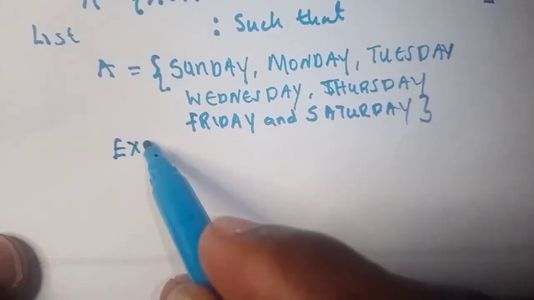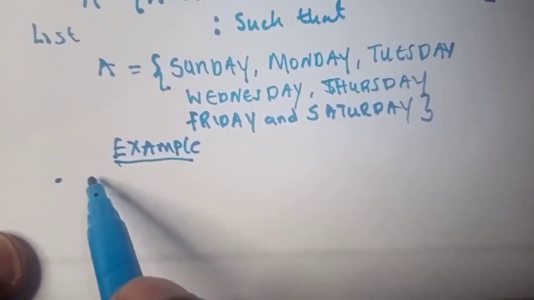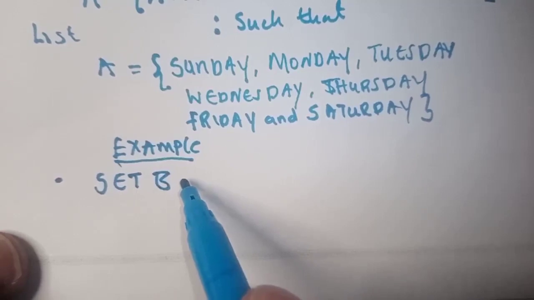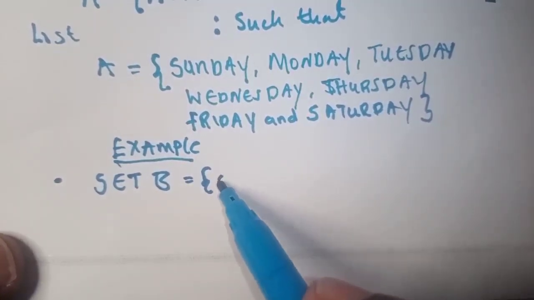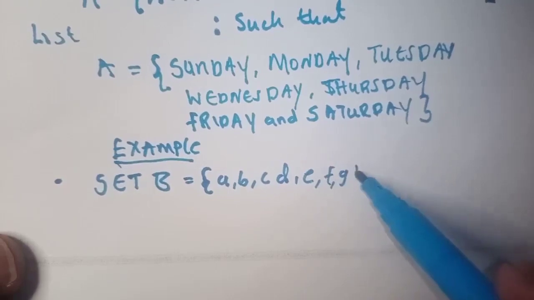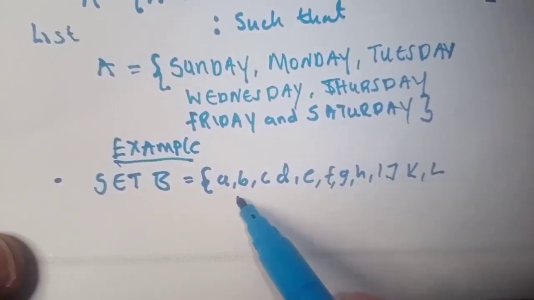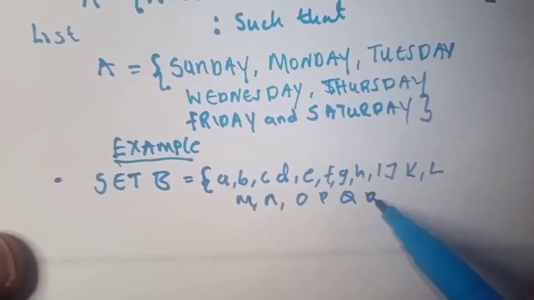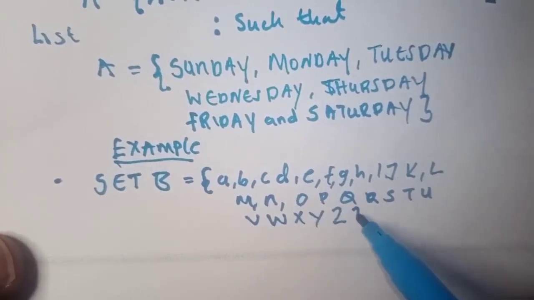Another example. Let's say you have a set B, which is equal to A, B, C, D, E, F, G, H, I, J, K, L, M, N, O, P, Q, R, S, T, U, V, W, X, Y, Z. Have you seen?